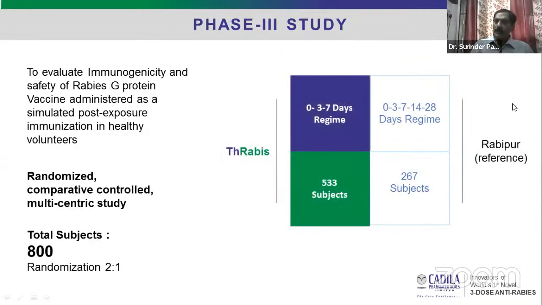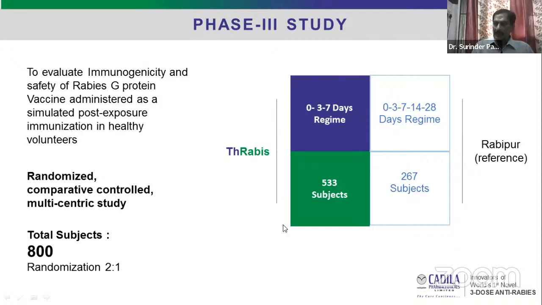So what it showed, they compared the vaccine with the Rabipur as a reference. Rabipur was given to 267 subjects, while rabies was given to 533 subjects. This randomized comparative controlled multi-centric study was there to evaluate immunogenicity and safety of rabies G vaccine administered as a simulated post-exposure immunization in healthy volunteers.